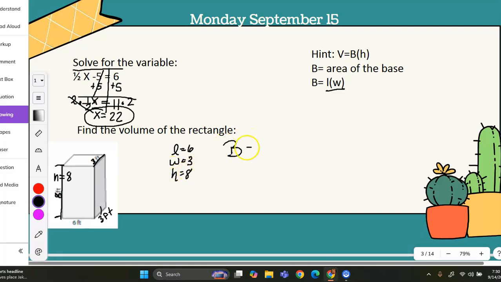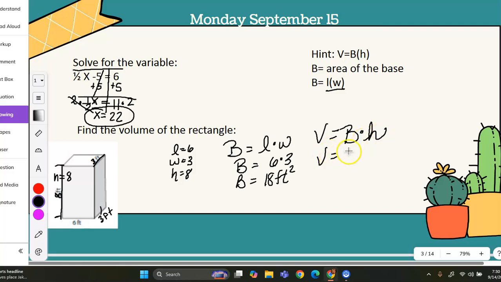So for my area of my base, I'm going to do length times width. So my area of my base is going to be 6 times 3. The area of my base is 18 feet squared, okay, because it's area. I then am going to plug that into volume equals area of my base times height. My area of my base is 18 times my height, which we said was 8, and we end up with 144 feet.